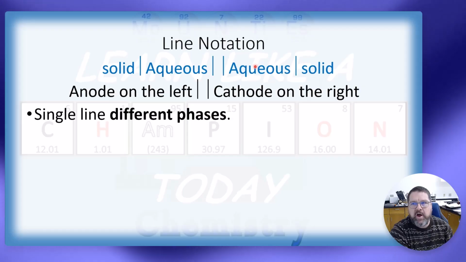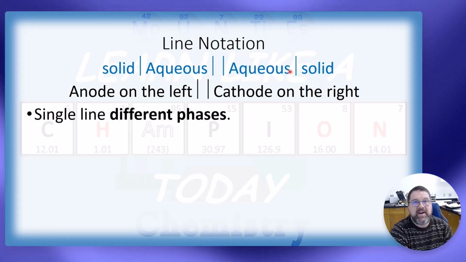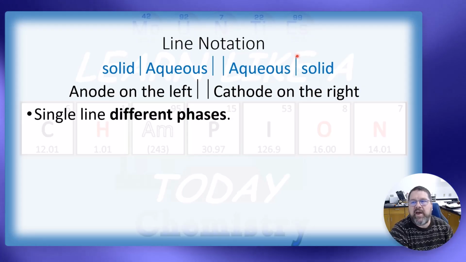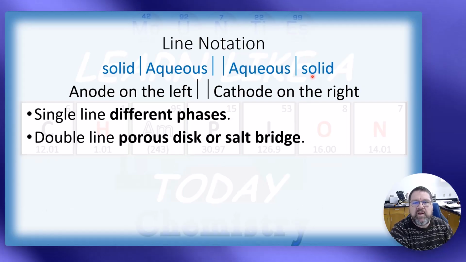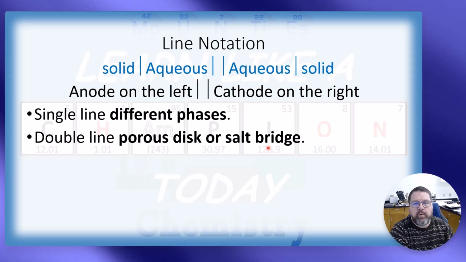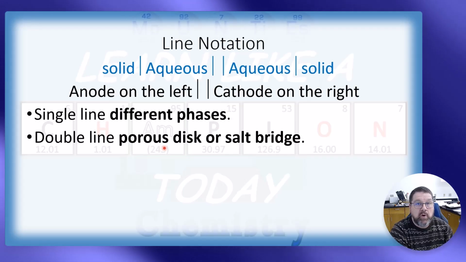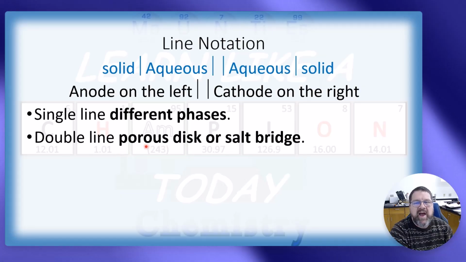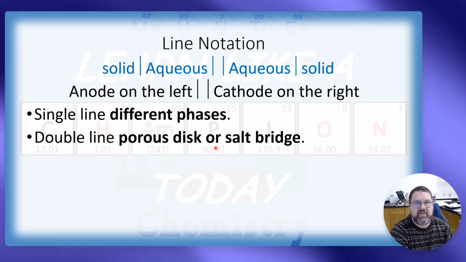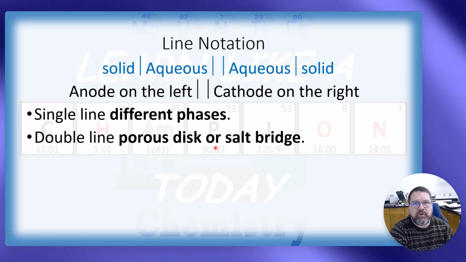You have the ions in solution that are gaining the electrons and therefore turning into the solid form. They are plating out. The double line represents that salt bridge, or sometimes it's referred to as a porous disk. But basically that is what is allowing the passage of ions from one compartment to the other, which is maintaining that charge balance.